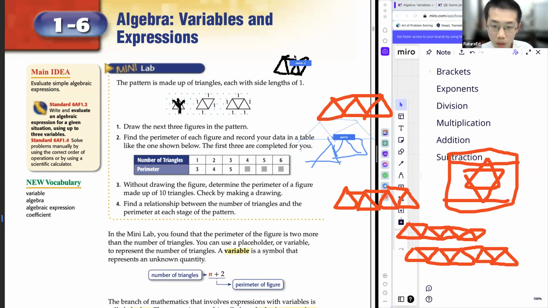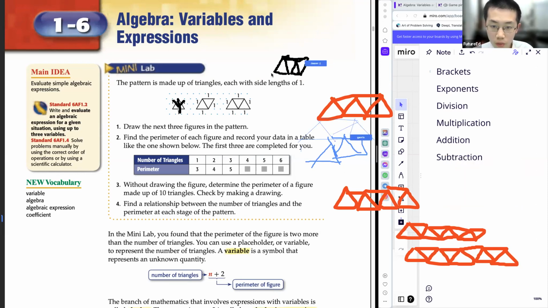How many sides does your figure have, Jason? Can you tell me how many sides it has, or the length of your figure? You think there are 4?